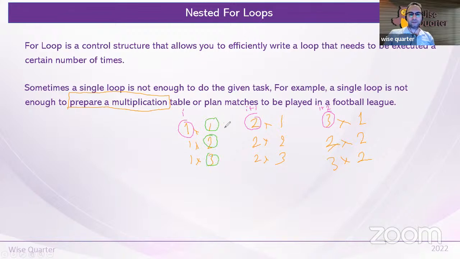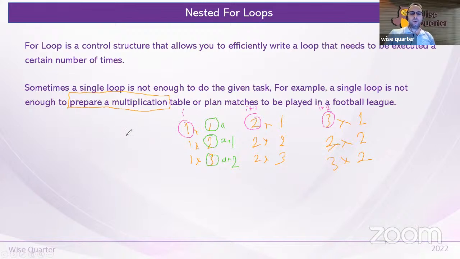I will use another letter, A plus 1, A plus 2. As you can see, this is the first loop, and this is the second loop. You can change the order, don't worry.